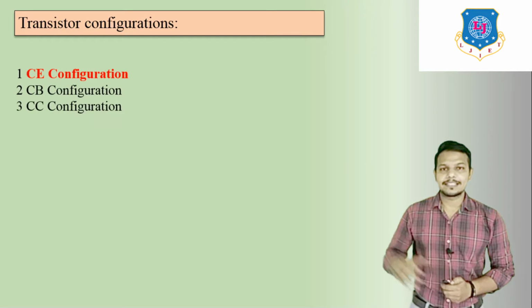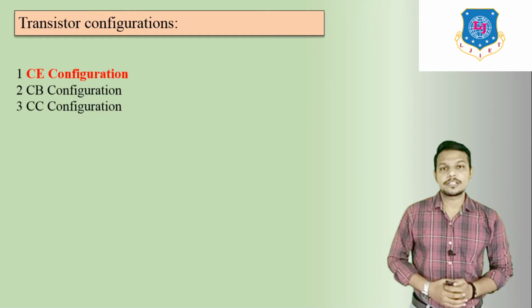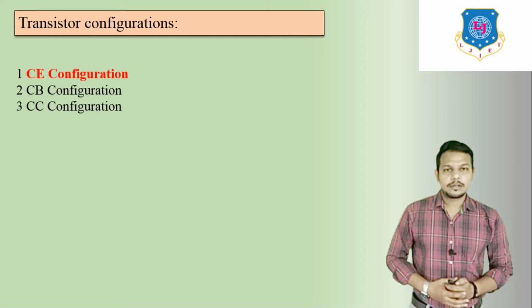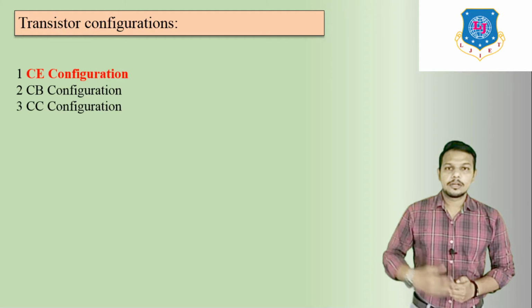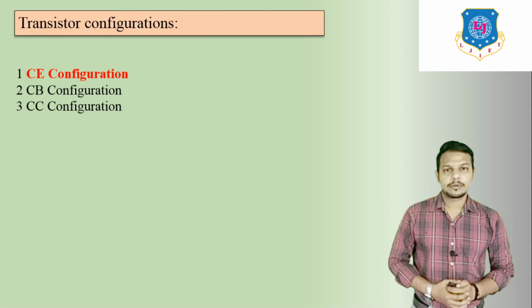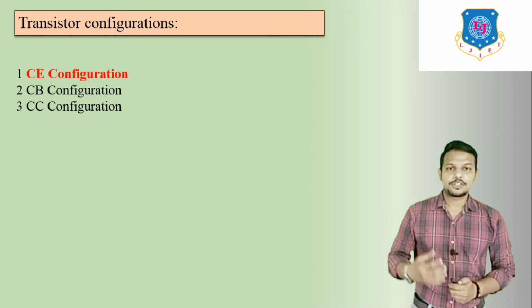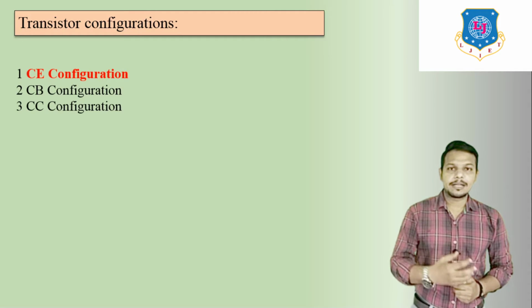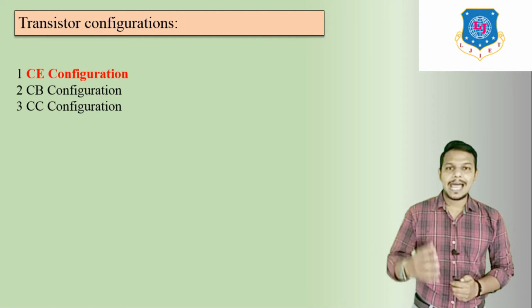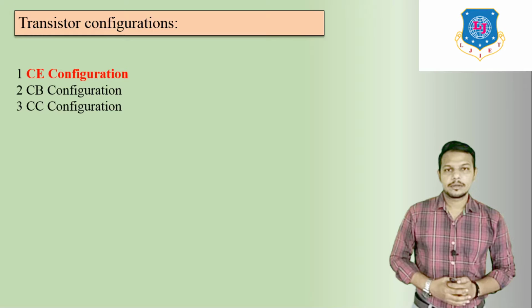So let us discuss about common configurations. Here we can see the transistor configurations, which are also known as common configurations. Common configurations means there are three types of terminals. If you put a particular terminal as common, that becomes the common configuration. For example, if I take the emitter terminal as common, it becomes common emitter configuration.